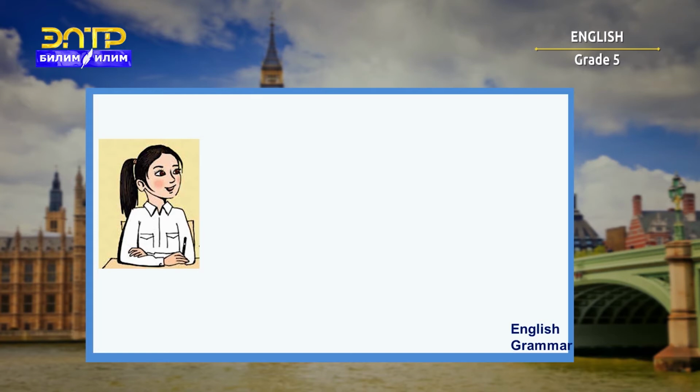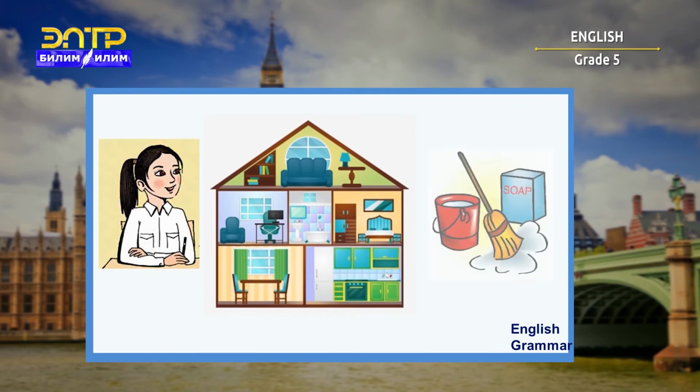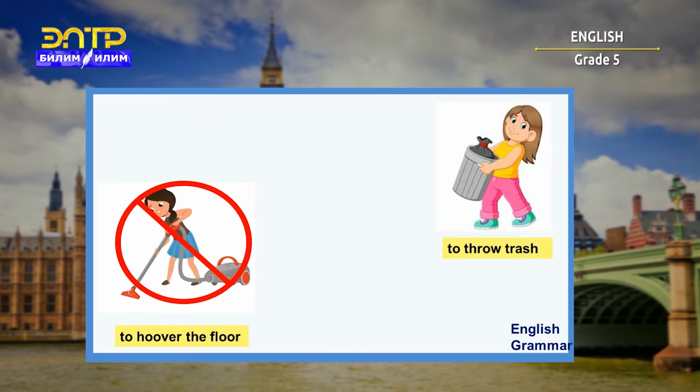Look at this girl. Her name is Aygul. She has a big house and she always helps her mother. Let's have a look what she has to do and what she doesn't have to do at home.